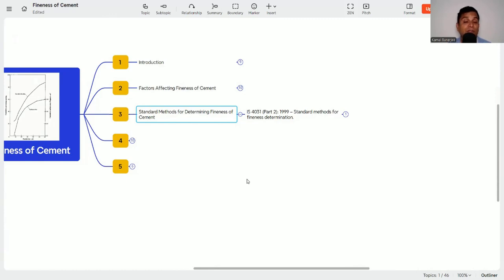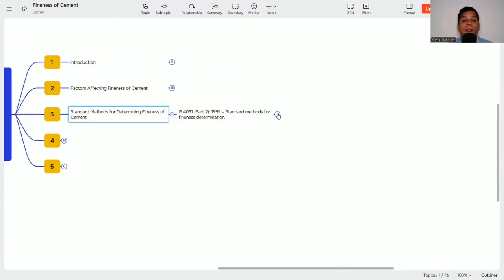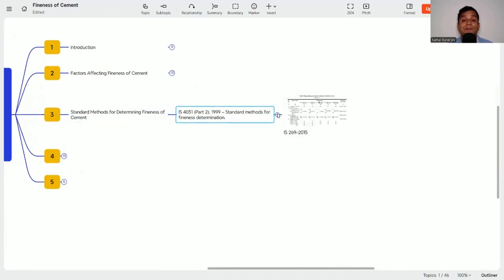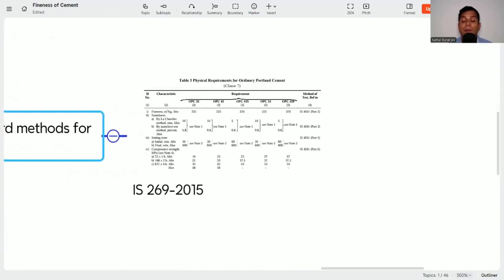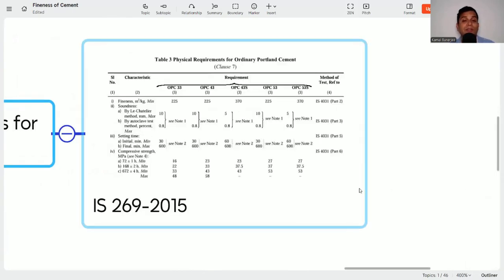Today's video only covers the air permeability method by Blaine in IS 4031 part 2. But we need to find out what the requirement of cement fineness is. Here is a table in IS 269, 2015, given as the physical requirements for ordinary Portland cement.